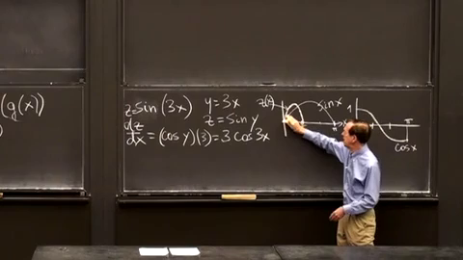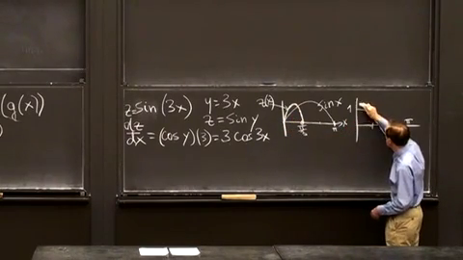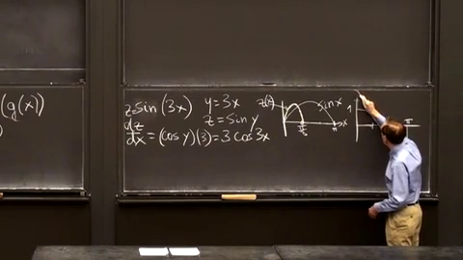And the slope starts out at 3, and it's 3 times bigger. So it's going to go down.